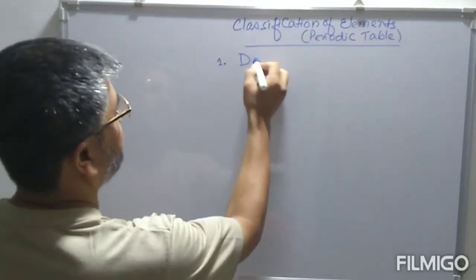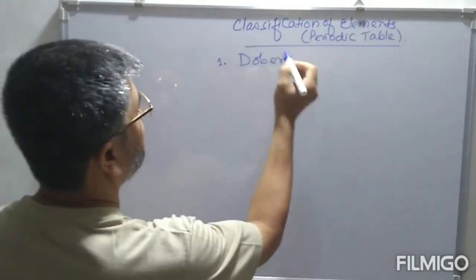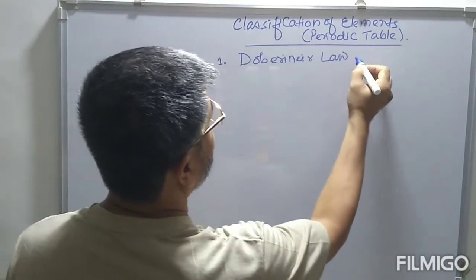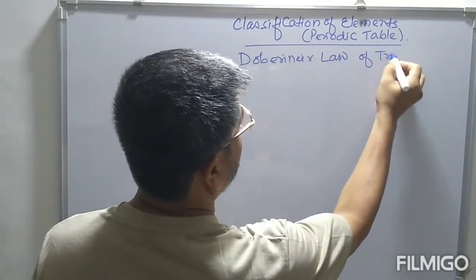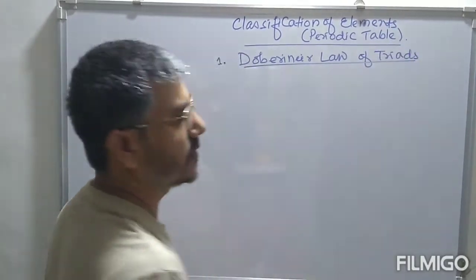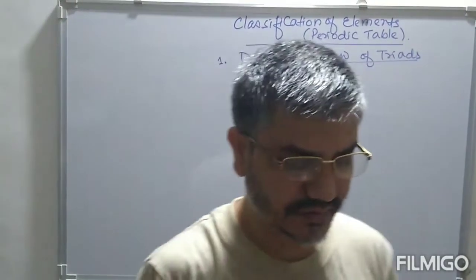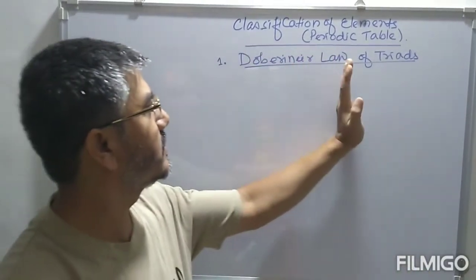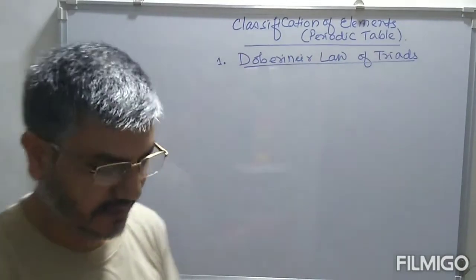First we have Dobereiner's law of triads. The first classification is Dobereiner's law of triads.